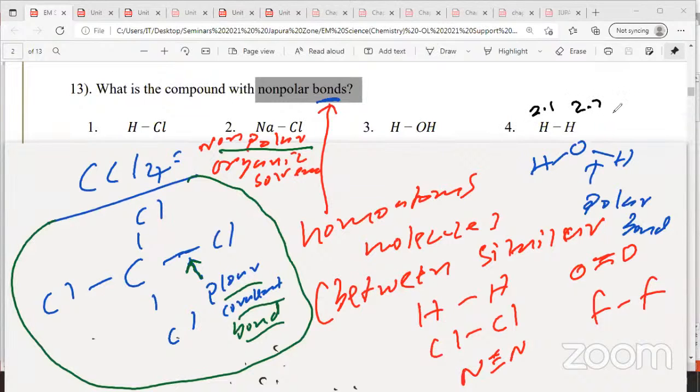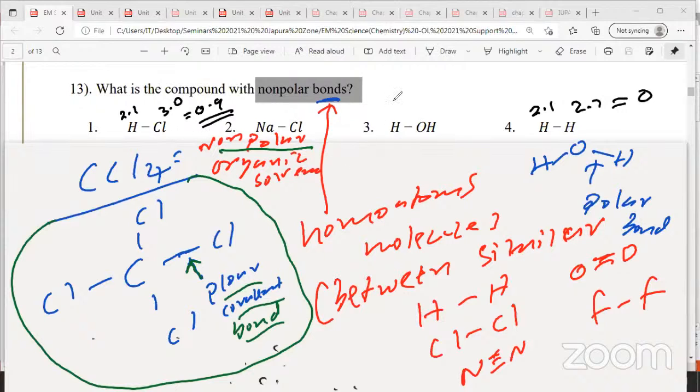No need to memorize. So its electronegativity difference is 0. But if you take HCl, hydrogen electronegativity 2.1, chlorine 3.0. Then what is the difference? 3 minus 2.1 is 0.9.